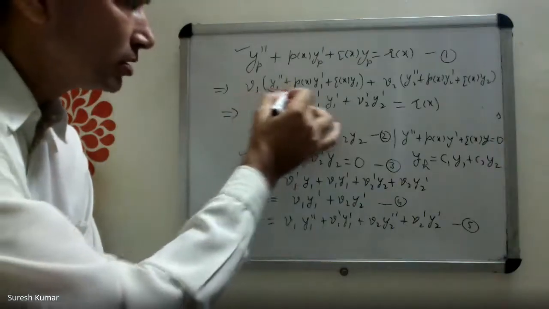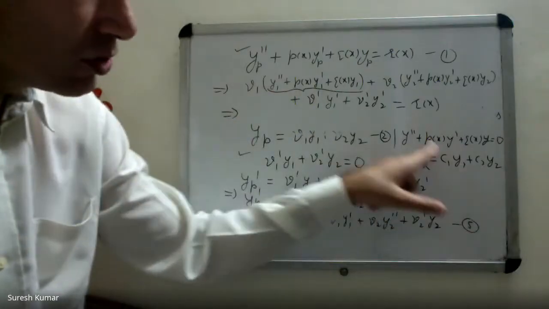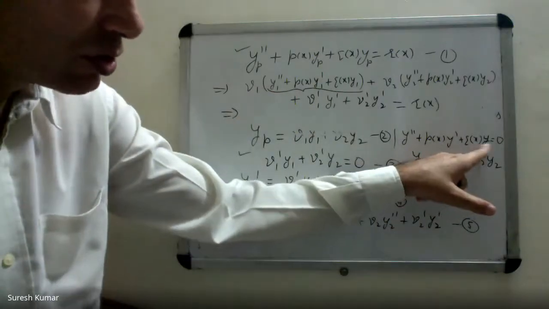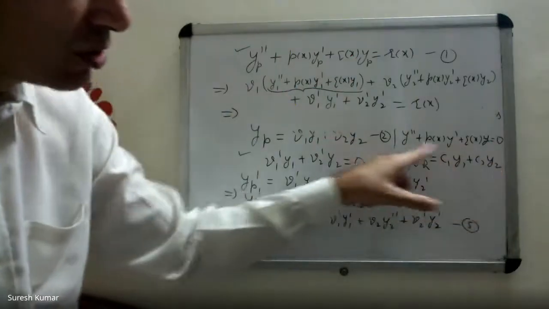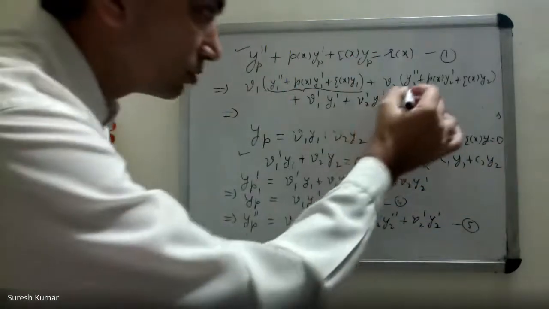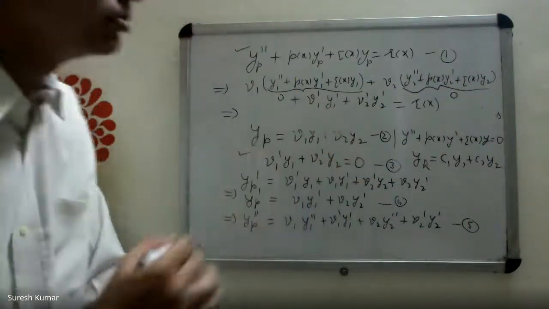Now look at this. Because y1 is a particular solution of this homogeneous equation, this should be 0. Likewise, y2 is a particular solution of this, so this should also be 0. This is 0, this is 0.